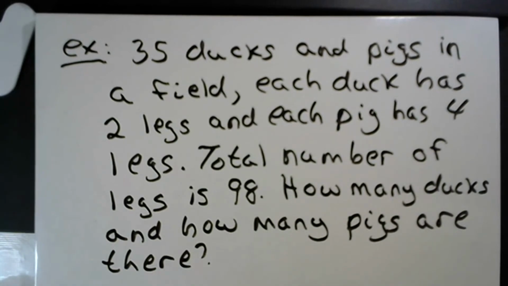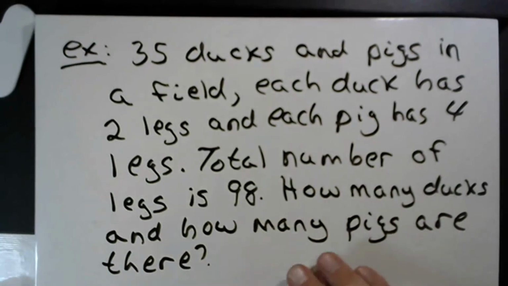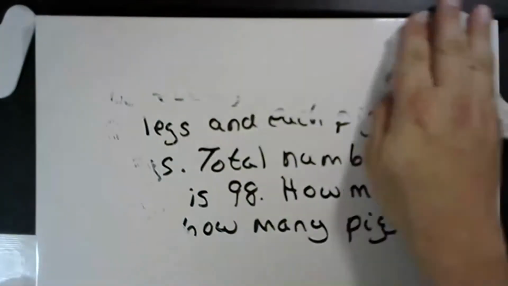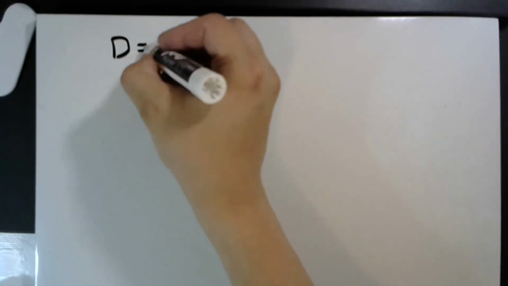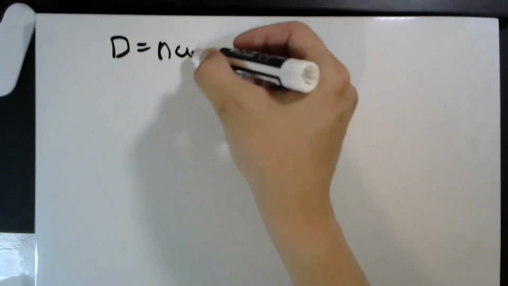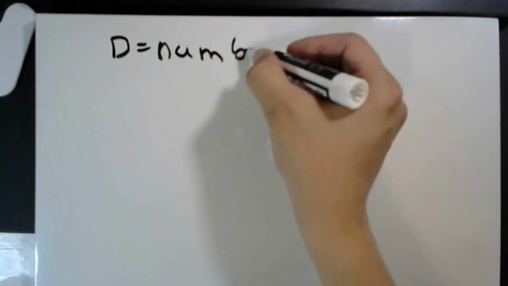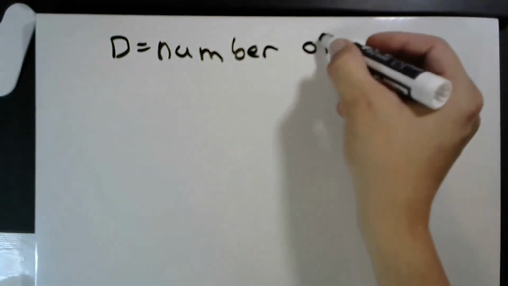Well, this is going to turn into what we call a system of equations. And so the way it works is this. Let's let D be the number of ducks.